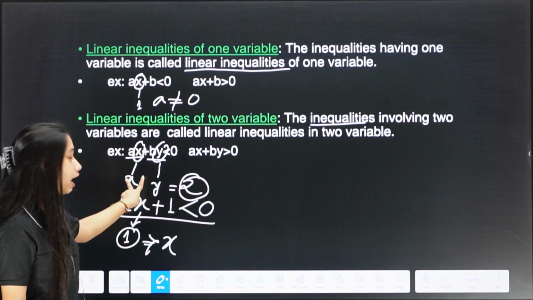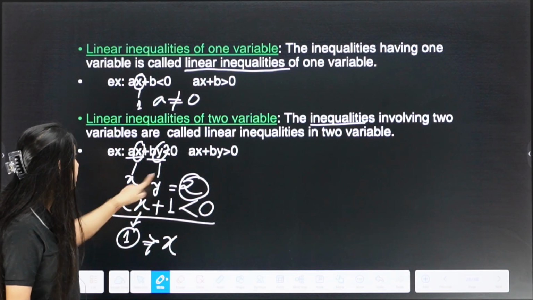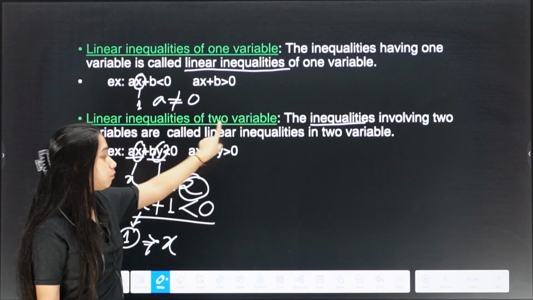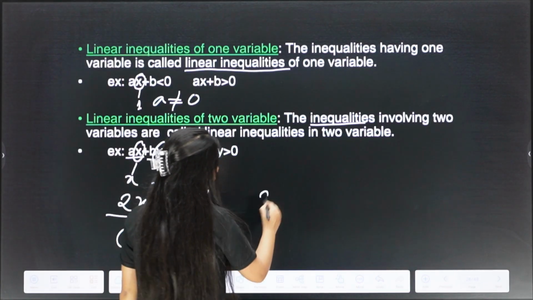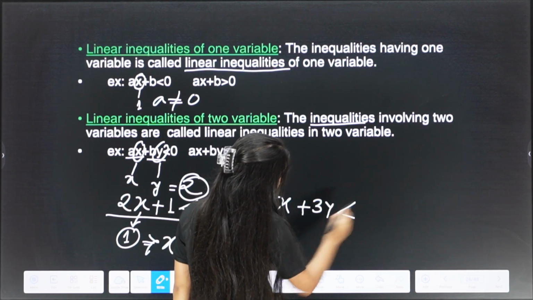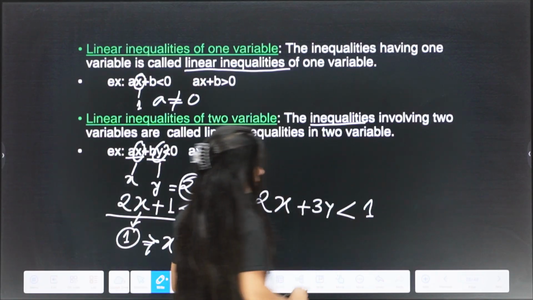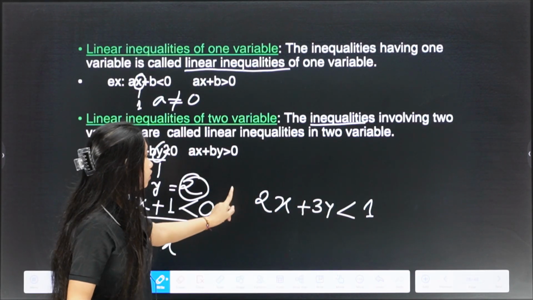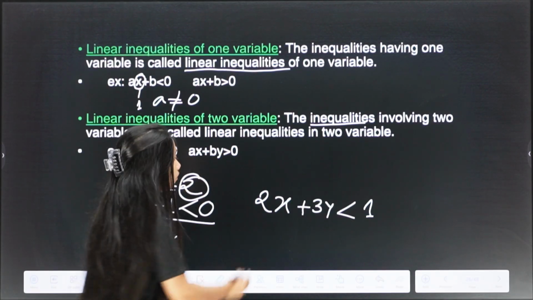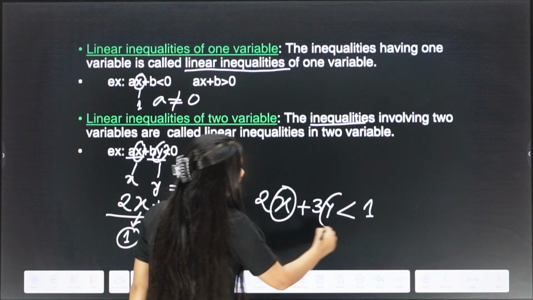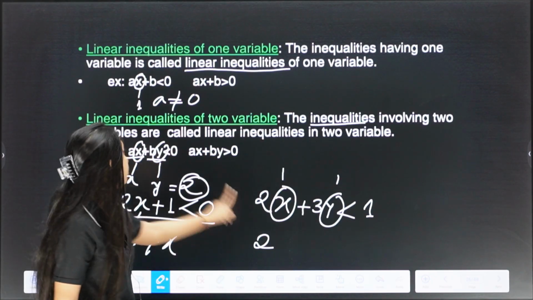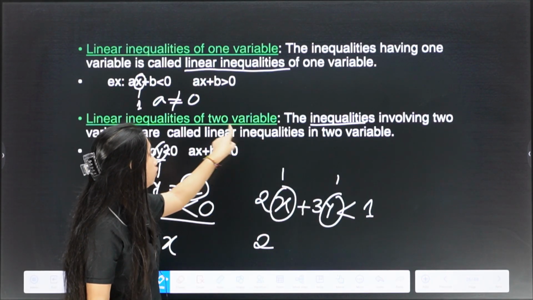For example, I have taken 2x plus 3y less than 1. This is an example of a linear inequality of two variables, because x is one variable, y is another variable, so two variables are present here.